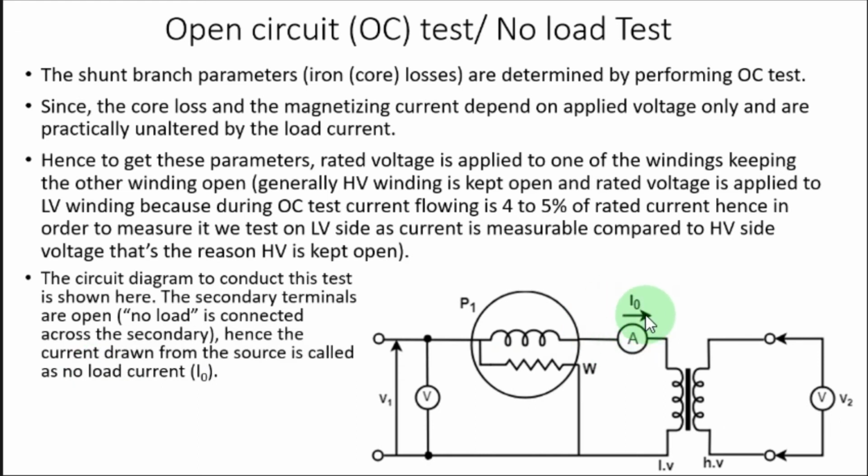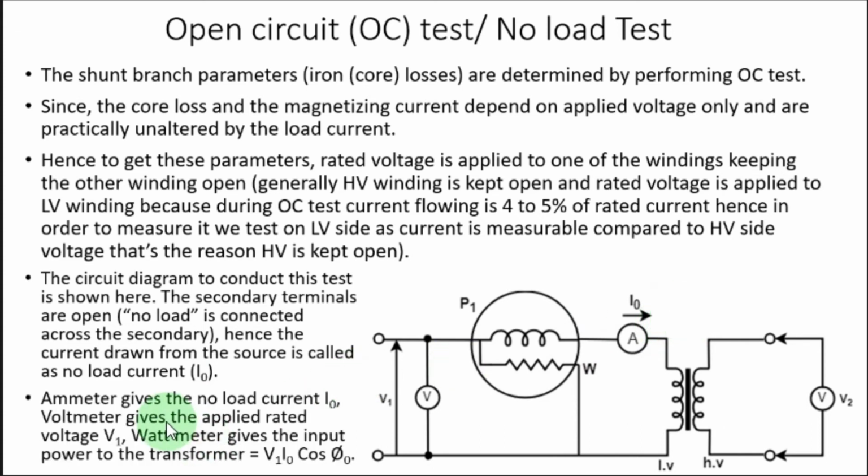If you remember the equivalent circuit, when no load is connected on the secondary side, this I naught is basically going through that parallel branch, right? So that is called the no load current.